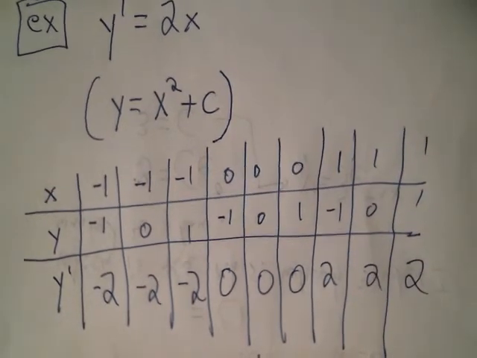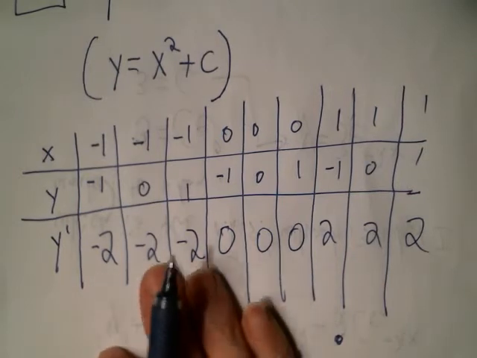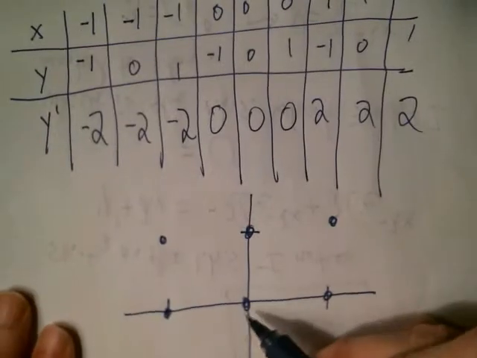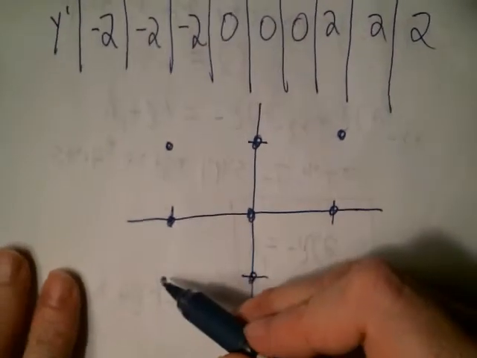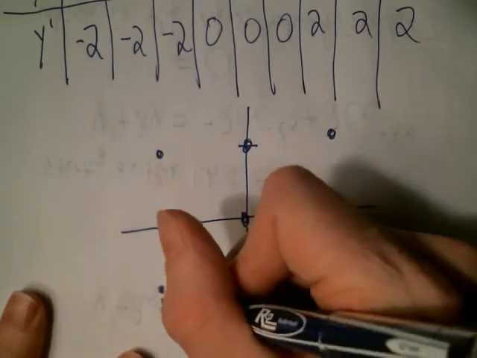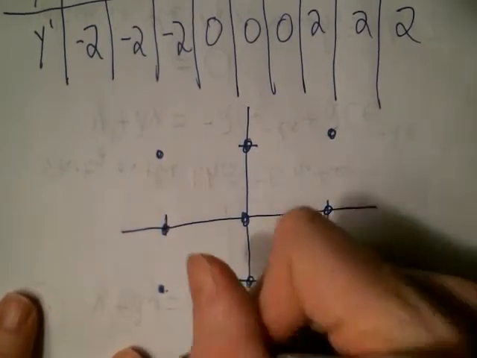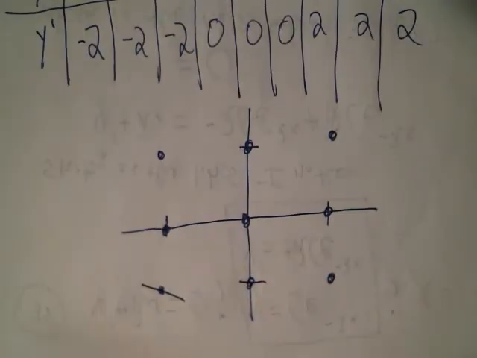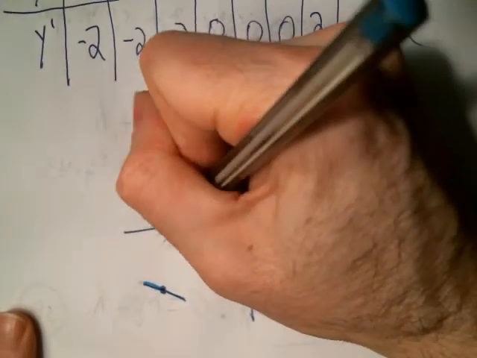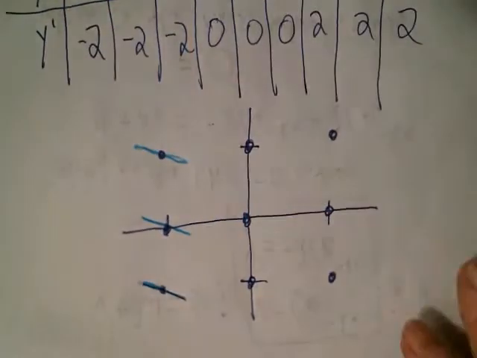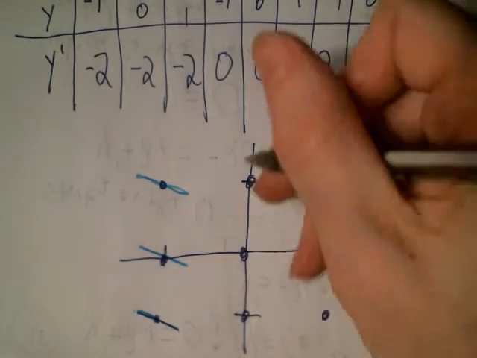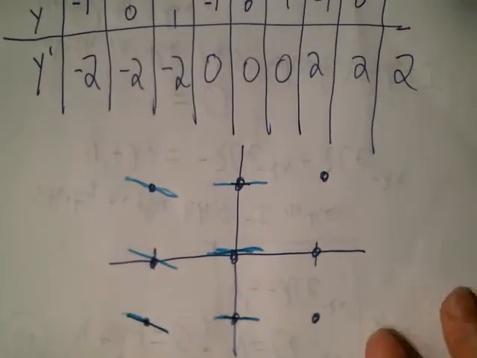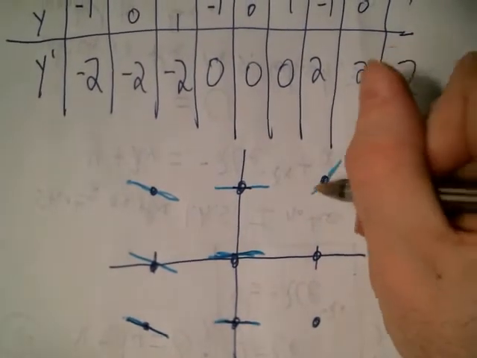So what we're going to do is put a bunch of little tick marks representing the slope of a little tangent line at all these 9 points. At (-1, -1) down here, we said the slope is -2. So down 2 over 1, excuse me. The slope will look like this. And the slope will be the same for those other points. Maybe we should put that in a different color. Then for here, the slopes were all 0, so you get a horizontal line. And here, here, and here, the slopes were all 2.